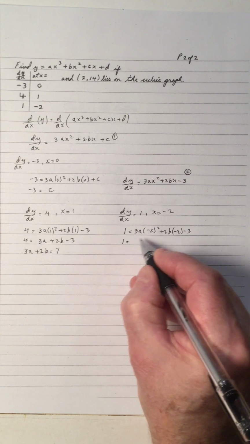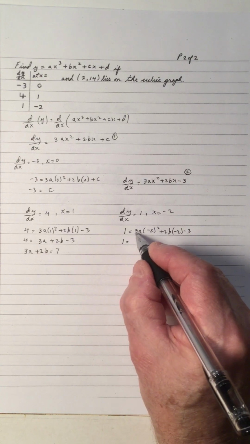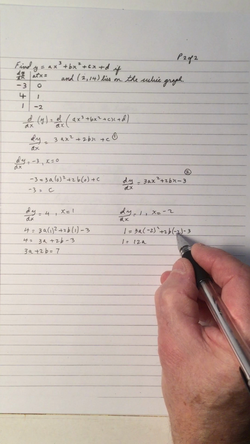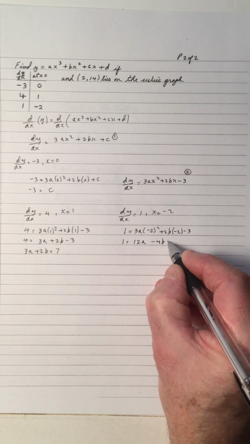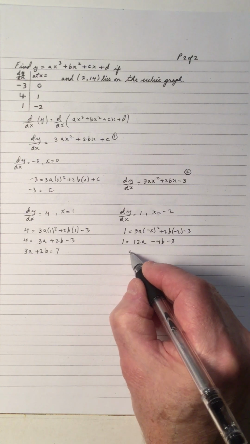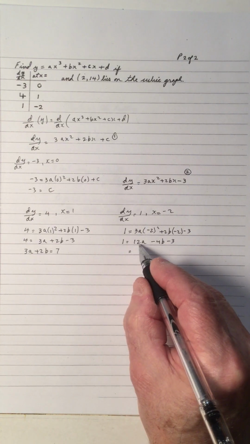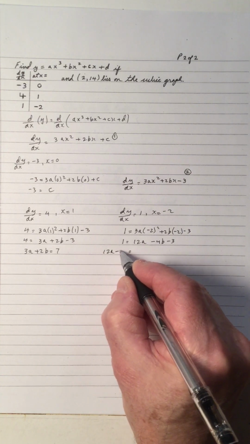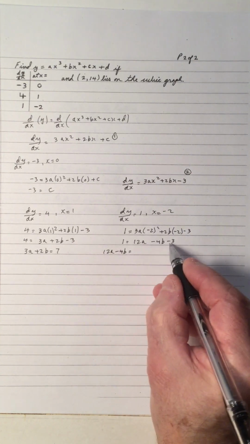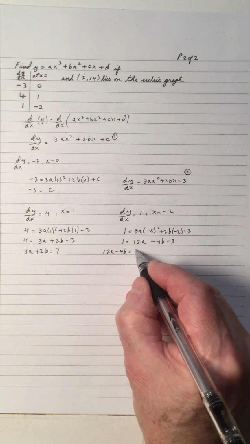Simplify: 1 equals, that's 4 times 3 is 12a, 2b times negative 2 is negative 4b, minus 3. We leave that where it is, but write it on this side: 12a minus 4b, and bring the 3 over to make it a 4.